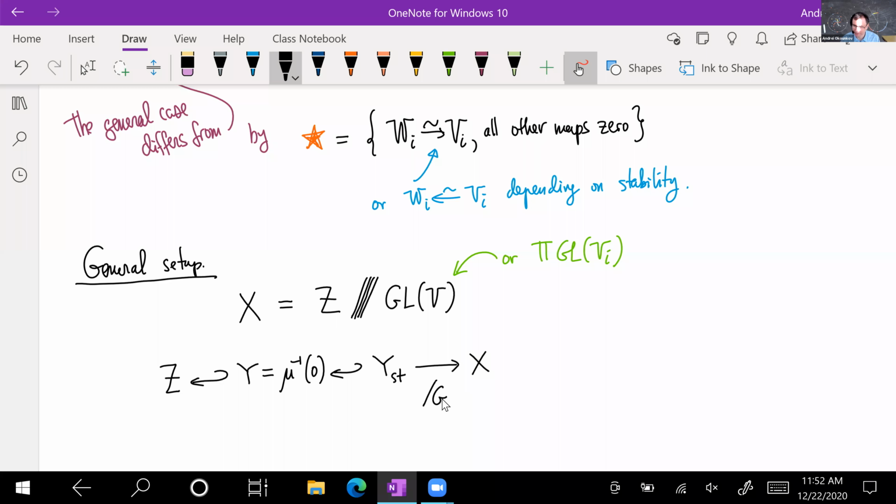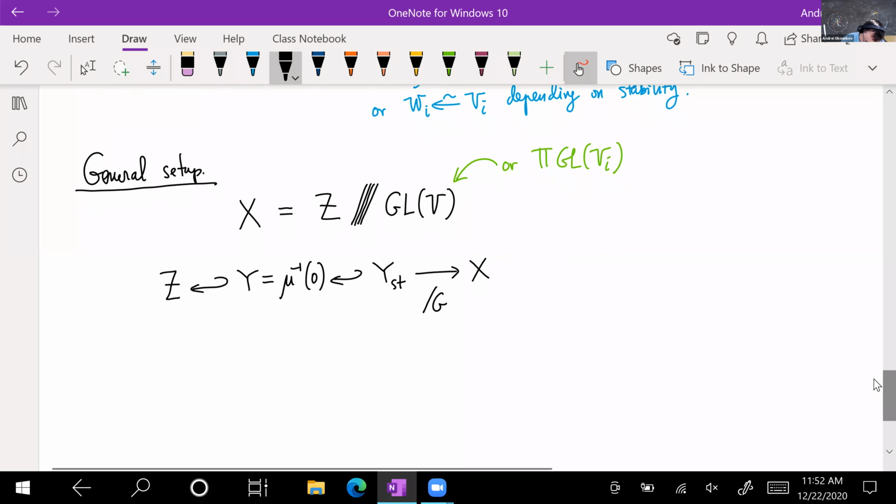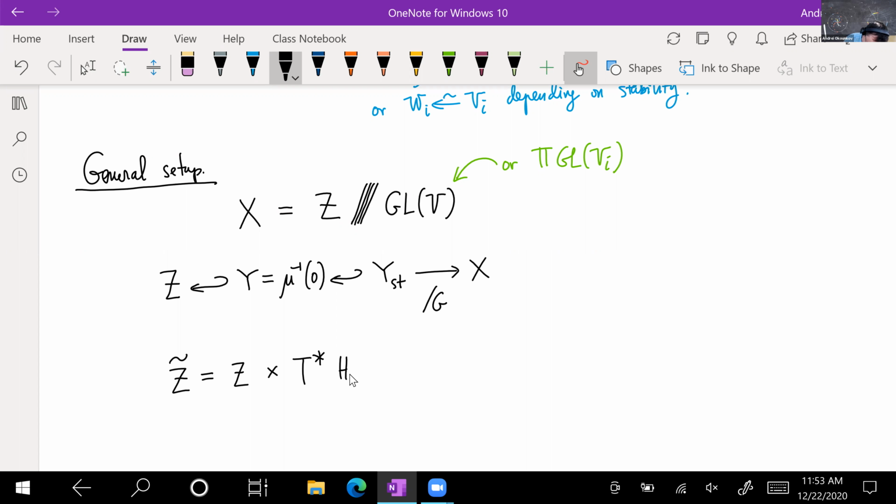And that's the statement. And now the constructions that we consider here are the following. We introduce this space, which is Z twiddle. That is Z cross T star of Hom. And let me denote the space V prime.